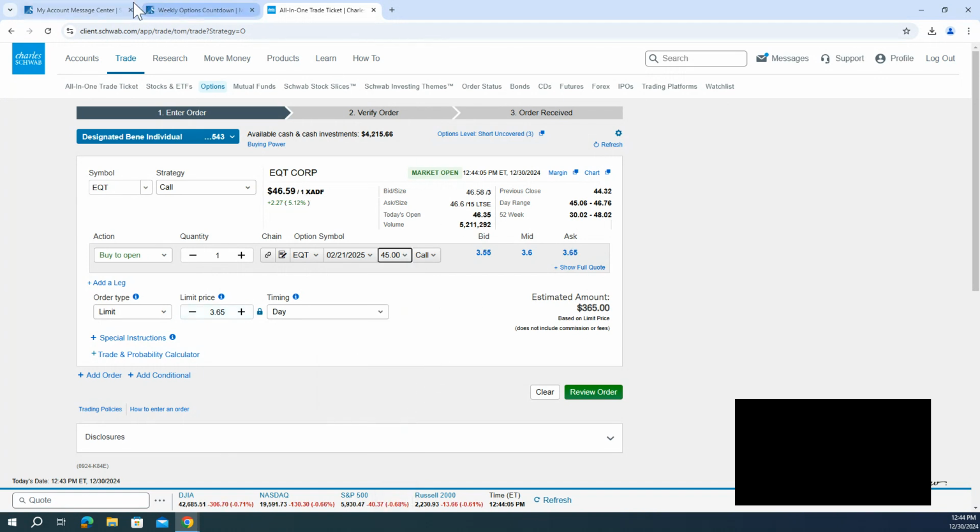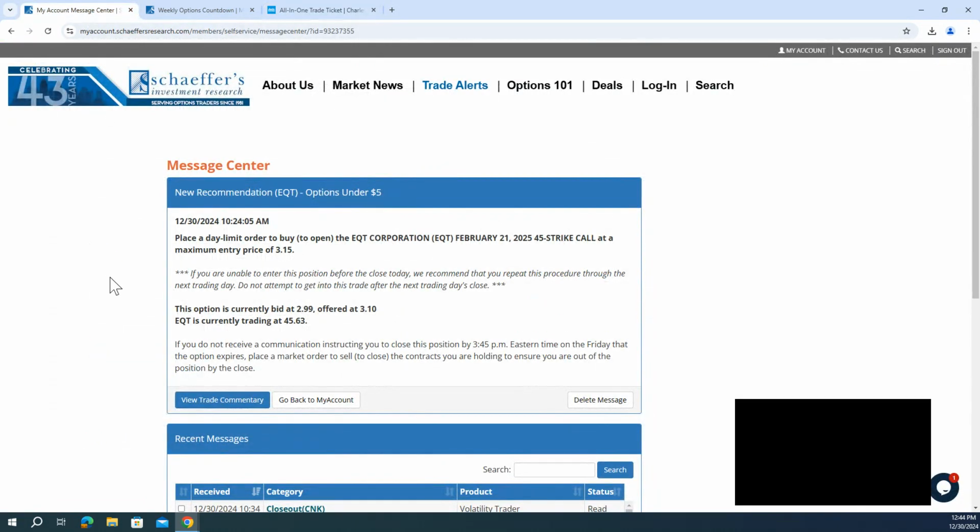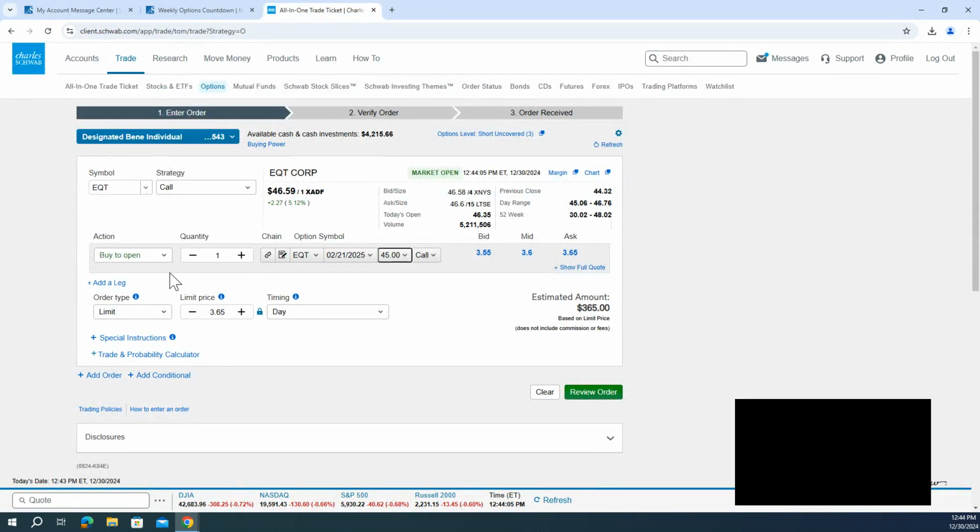So in our recommendation, we said don't pay more than $315. So we're still going to use $315 as our limit price. We're using the limit order, the amount of $315, good for the day. So right now it's trading about 50 cents over and above our maximum entry price.